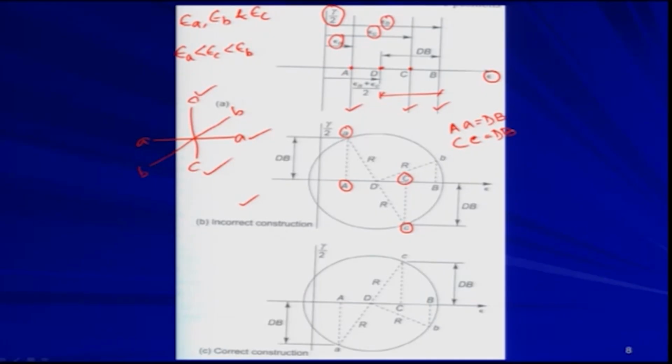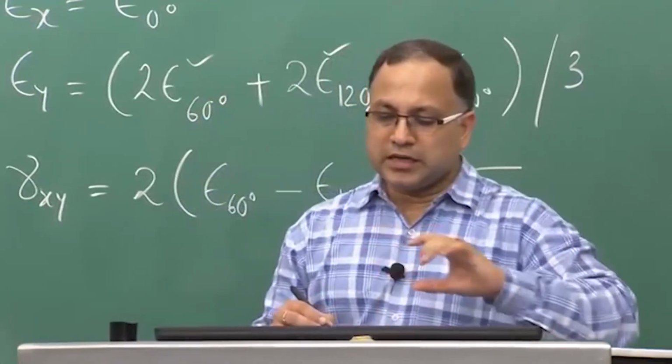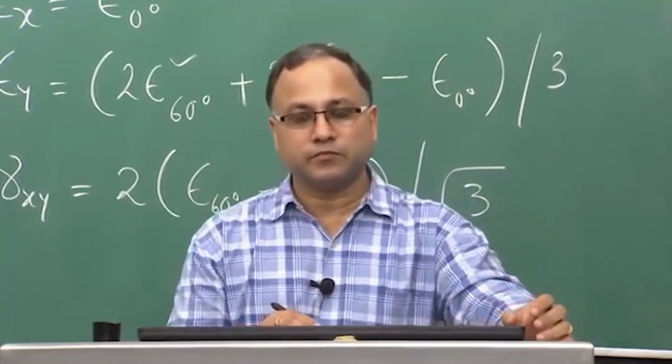So, we are choosing 2 points, point small a and point small c. These 2 points we have got on these vertical lines, on which we are laying off the distances AA and CC.